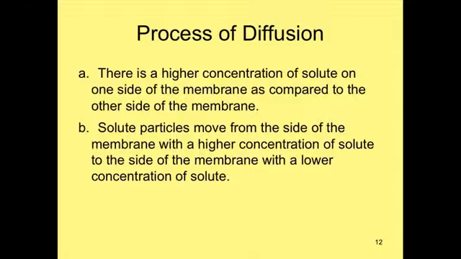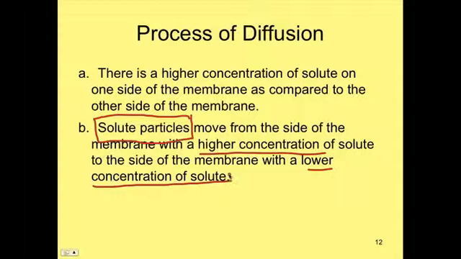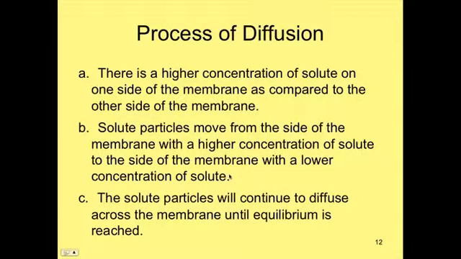One thing that you have to remember when we're talking about diffusion, we're talking about solute particles moving from high to low. The solute particles will continue to diffuse across the membrane until equilibrium is reached. So our goal is to have the same number on both sides.